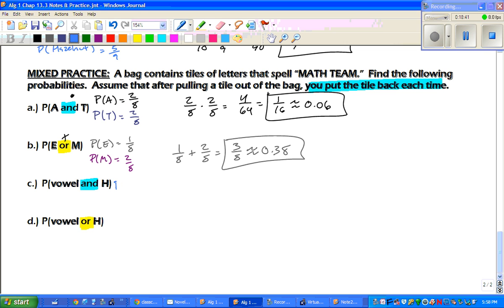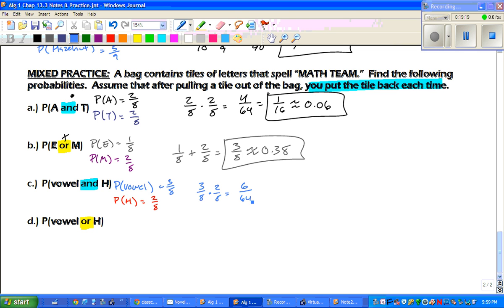Let's look at the next one. The probability of getting a vowel: 1, 2, 3. Okay, so the probability of getting a vowel was 3 out of 8. The probability of getting an H is 2 out of 8. Now it's and, which means multiply. So 3 over 8 times 2 over 8 equals 6 over 64.